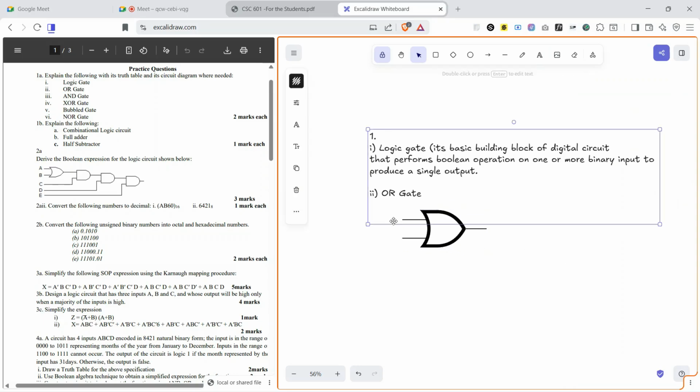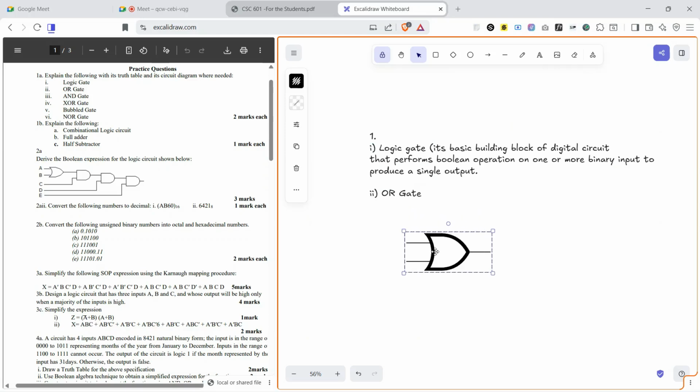And let's say we have an input A here, and input B here. So our output Q will be equal to A plus B.